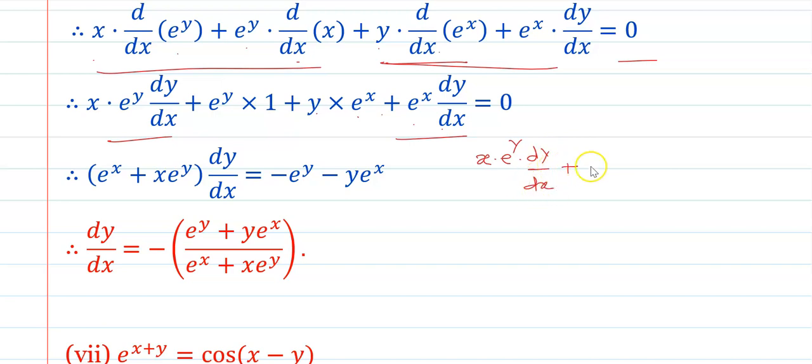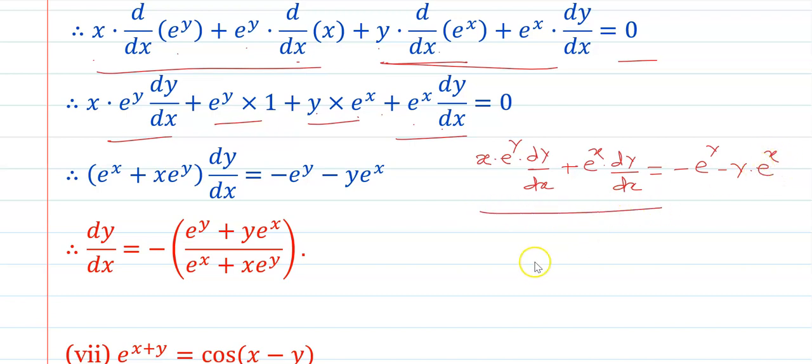Next term? e raised to x into dy by dx. The terms other than dy by dx: e raised to y into 1, that is e raised to y, and y into e raised to x, that is y e raised to x. Therefore, those two terms we bring to the right hand side. That will become minus. Therefore, you will get minus e raised to y minus y into e raised to x.